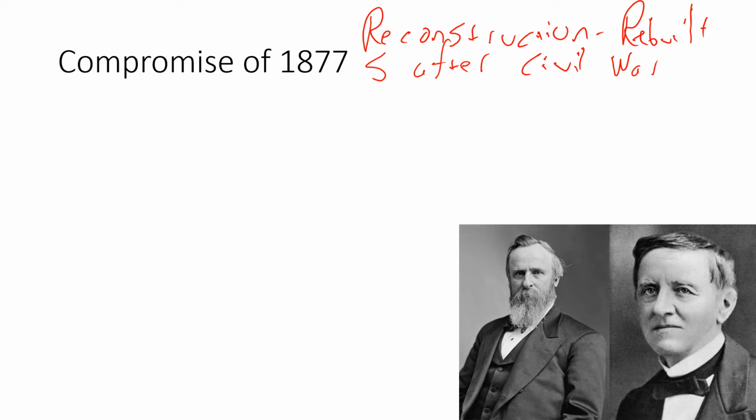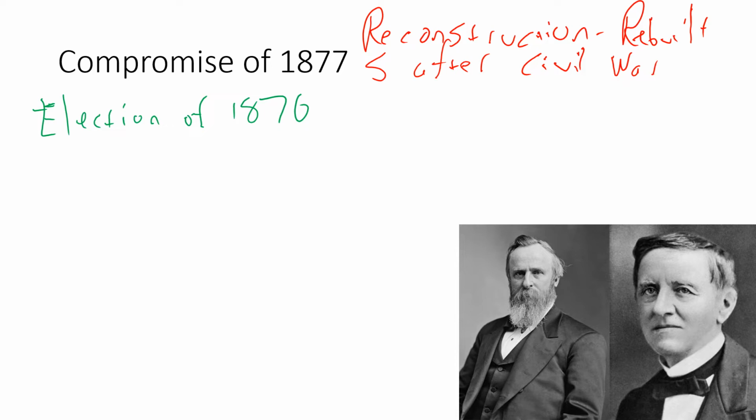So while Reconstruction is going on, you're going to have this huge election that's going to happen, and the election is the election of 1876. The election of 1876 is what is going to lead to the Compromise of 1877.